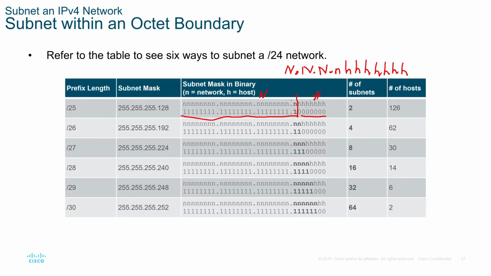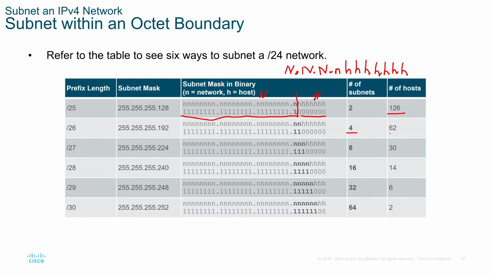As you can see, as we subnet, here borrowing 1 bit, I get 2 subnets. Each one could have 126 hosts, because remember, you lose the network and the broadcast. If I borrowed 2 bits, I could have 4 possible combinations: 00, 01, 10, and 11.